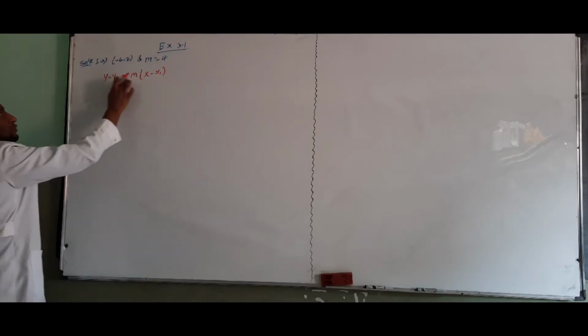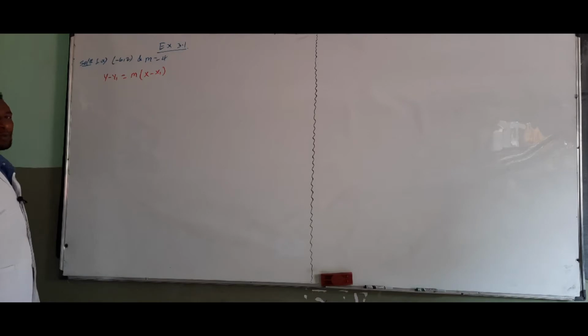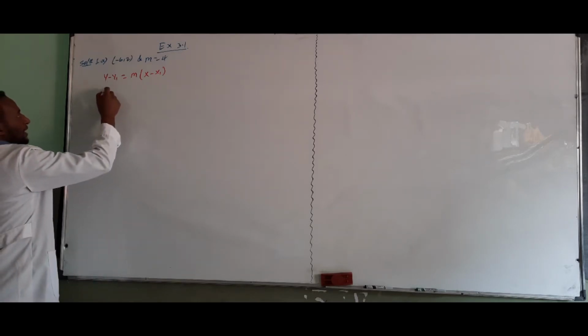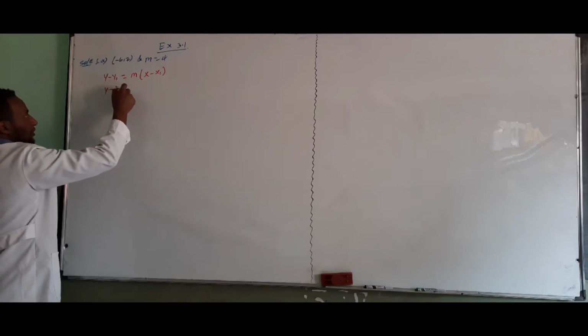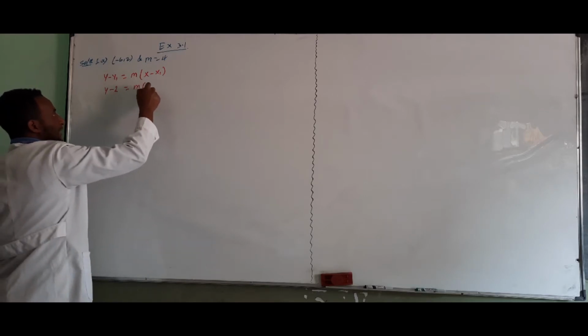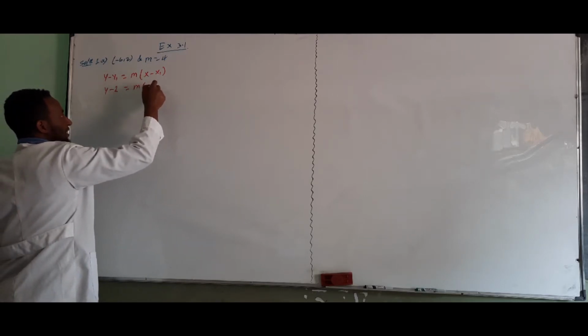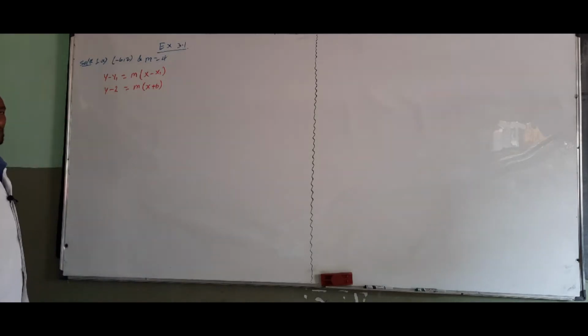Here x1 and y1 are taken from the given point, so y minus 2 is equal to slope times x minus (-6), which is x plus 6.